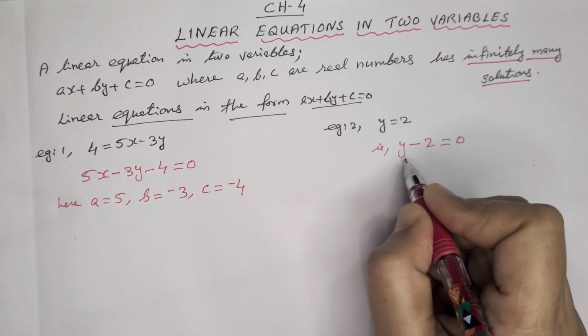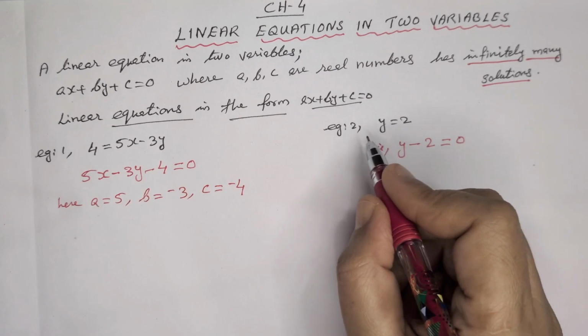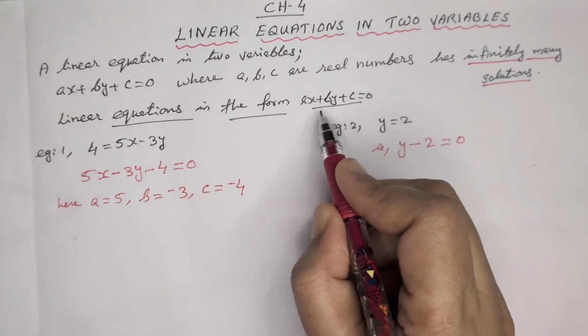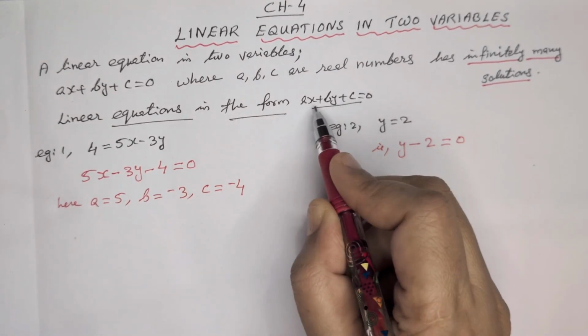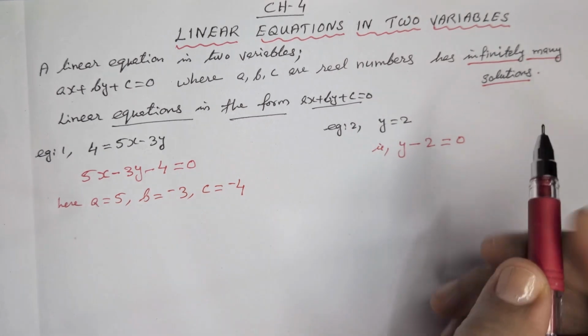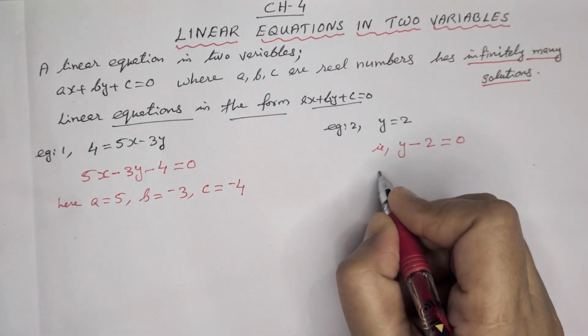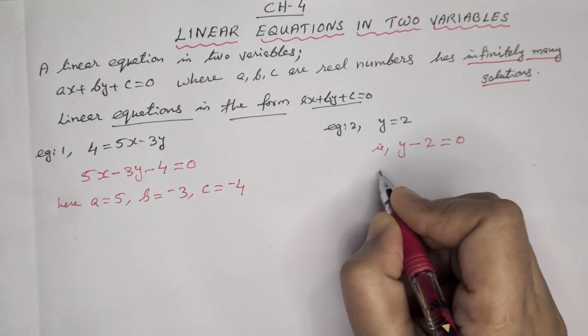Still, here there is only one variable, but we have to write it in the form ax plus by plus c is equal to 0. That means we can consider the coefficient of the first variable as 0.